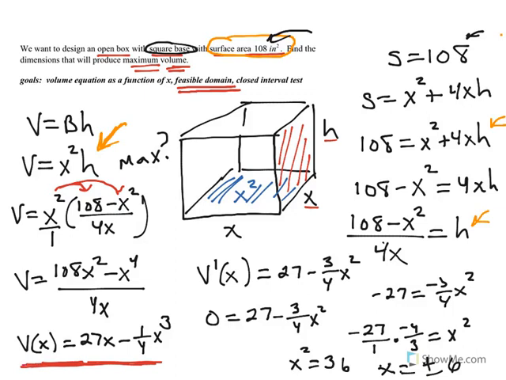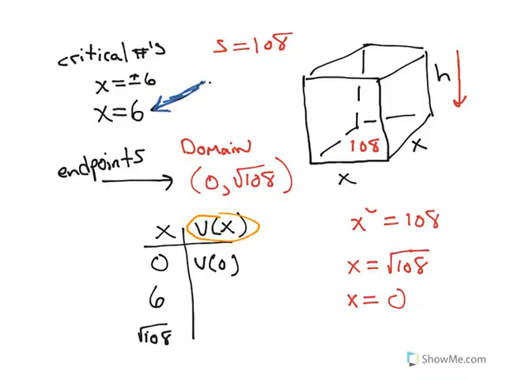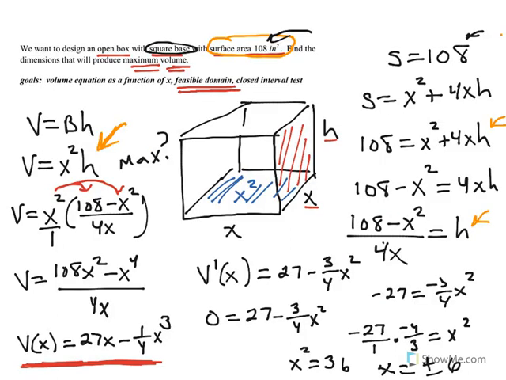We want to know what the volume is when x is 0. So put it into your volume equation, and that's going to get you 0. If we put in V of 6, then that is coincidentally going to get you 108. So again, if we went back to this volume equation and put a 6 in for x, then that's going to get us 108.